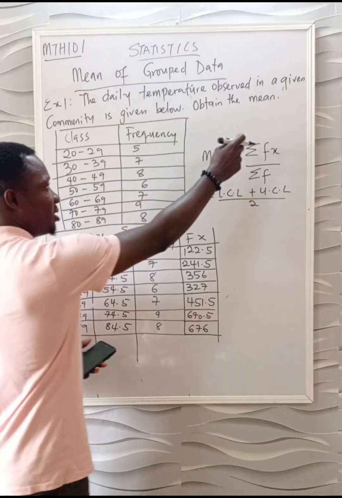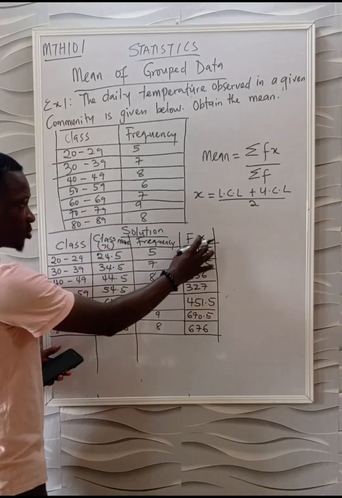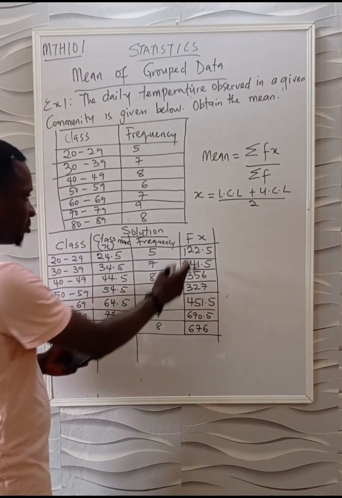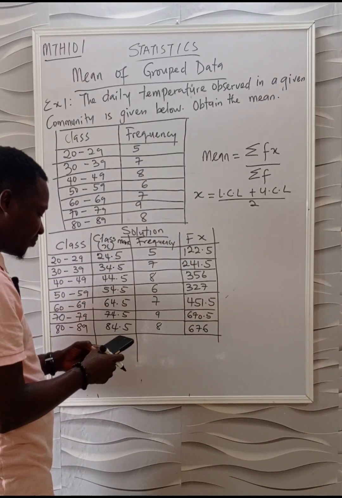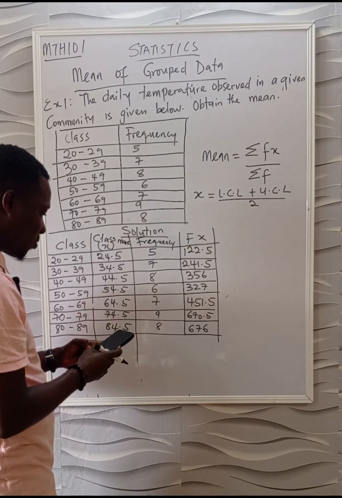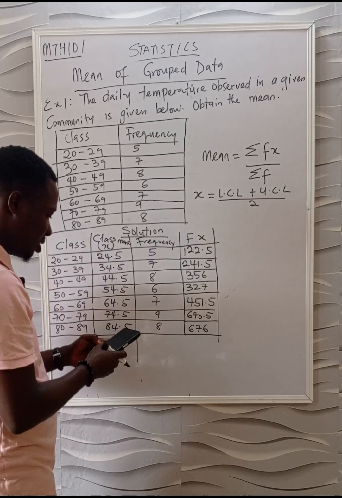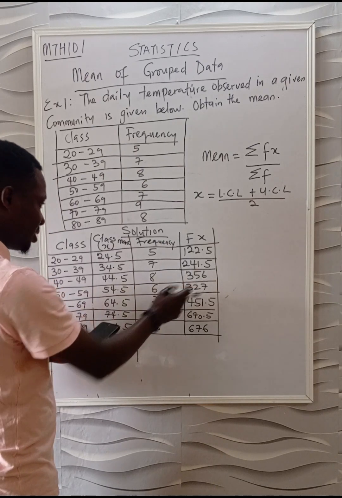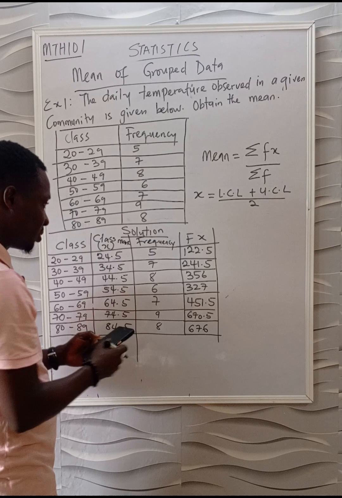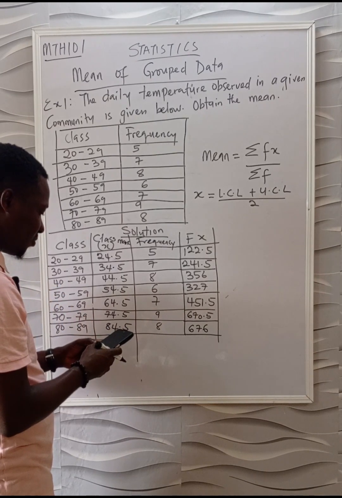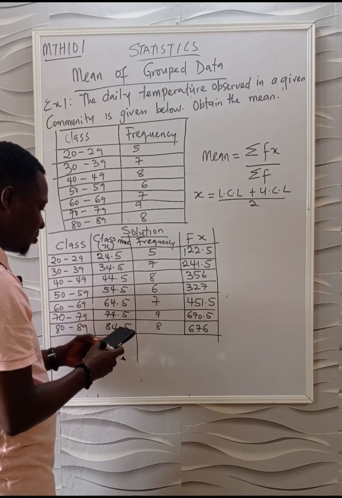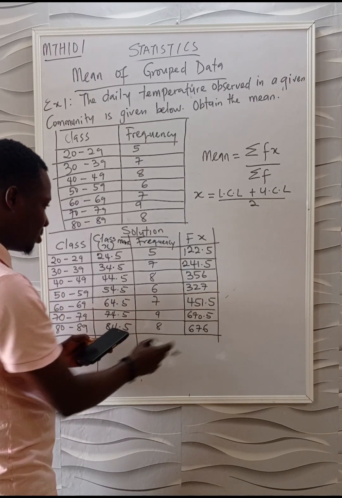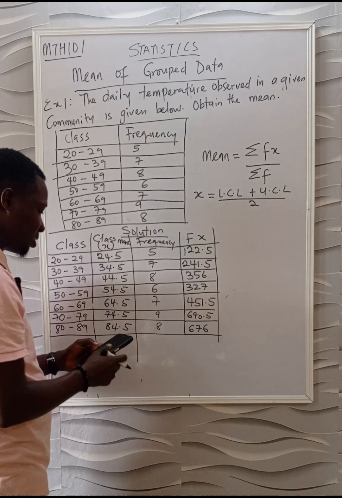So what is this sign? This sign is saying summation. So we have to add everything here together. We'll start from 122.5 plus 241.5, plus 356, plus 327, plus 451.5, plus 670.5, and finally 676.